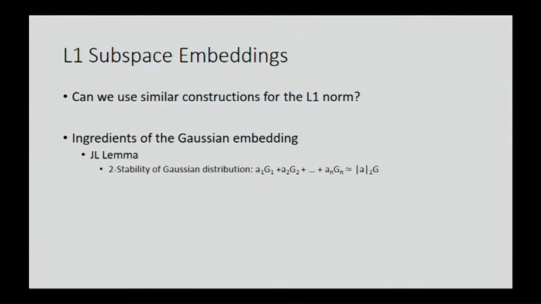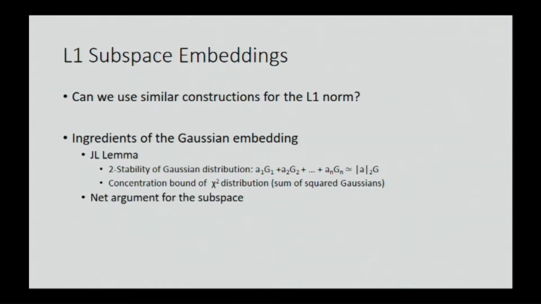And basically, all we were using there was that the Gaussian distribution is 2-stable, right? So inner product of a fixed vector and a Gaussian vector gives me a Gaussian times the 2 norm of that fixed vector. And then we use strong concentration of sum of squared Gaussians, and we use the net argument for the subspace. Okay, so can we follow the same recipe for L1?